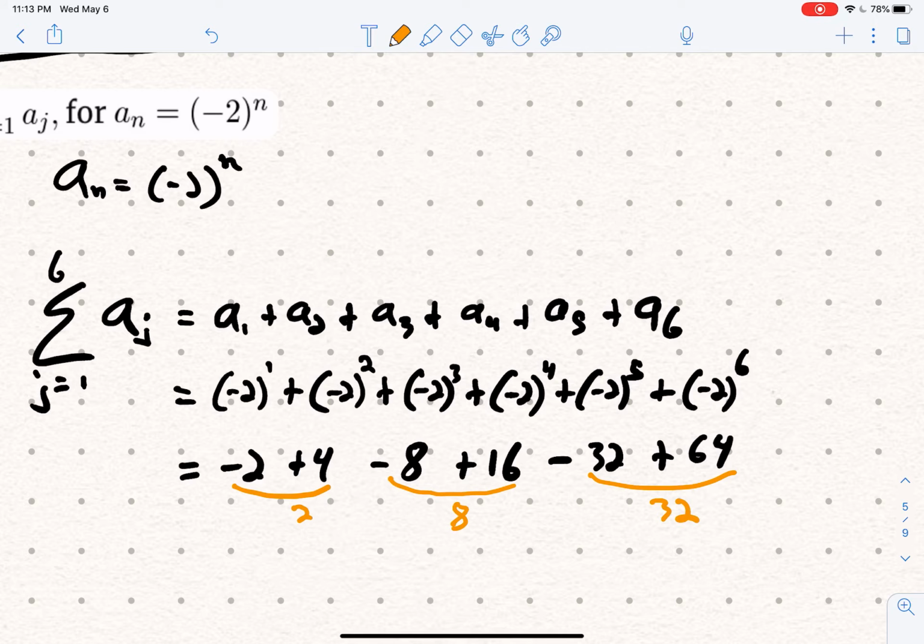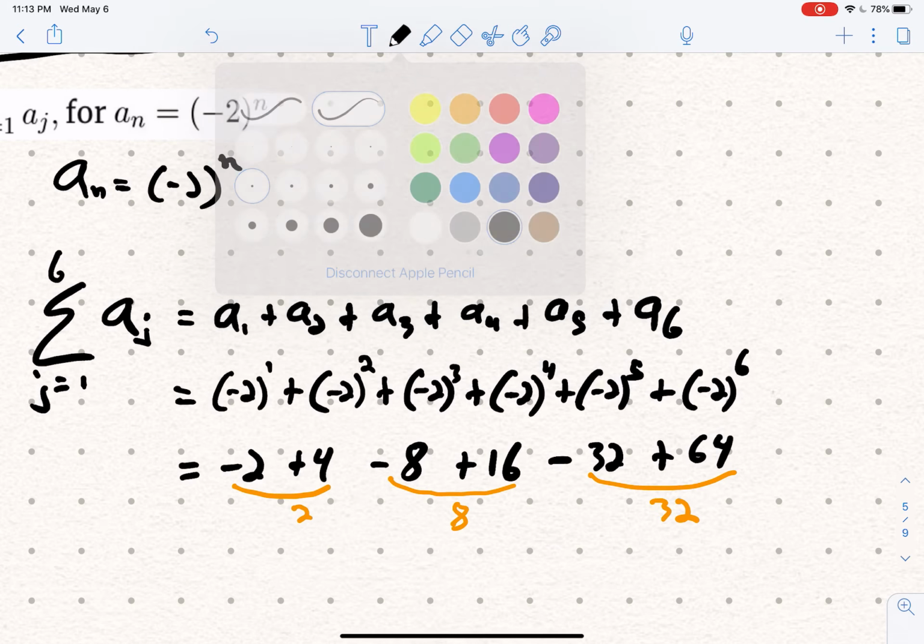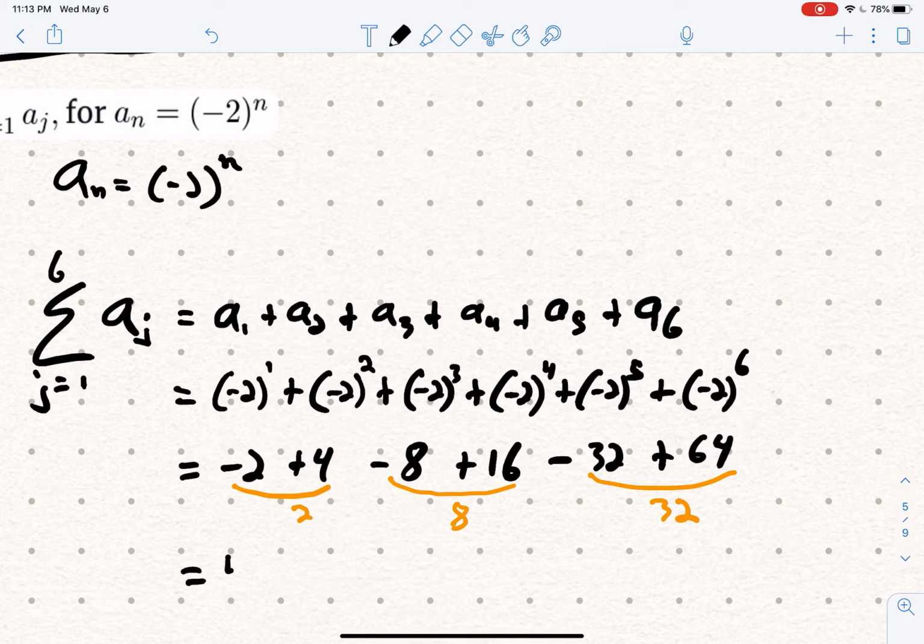Then if I add those three together, 2, 8, and 32, I get my final answer, which is 42. So the sum of this series, j equal 1 to 6 of aj, where an is given by negative 2 to the power n, is equal to 42.